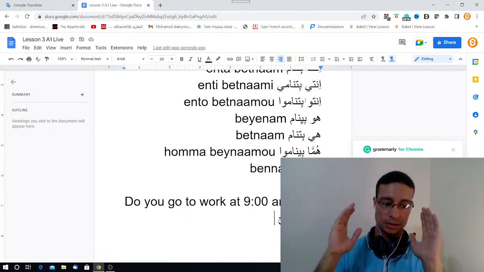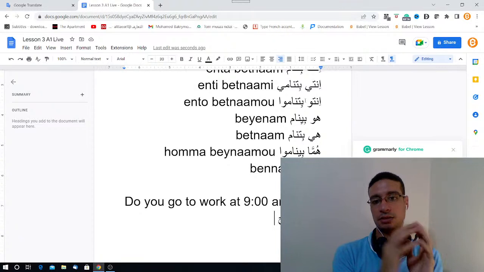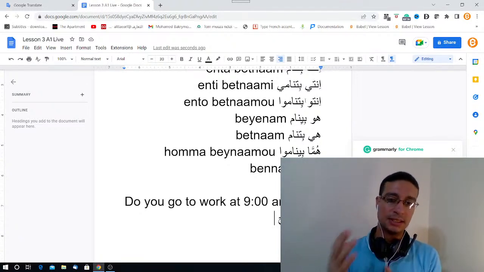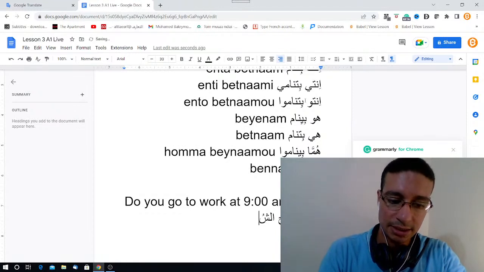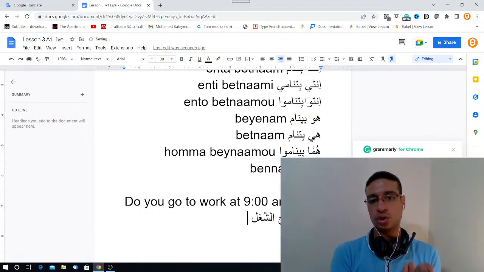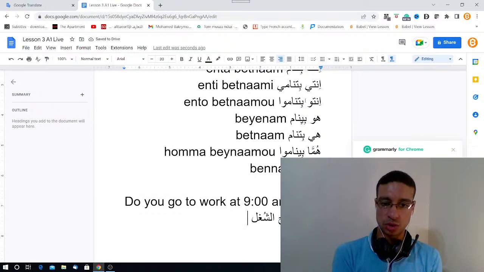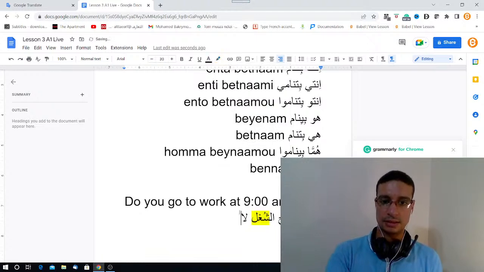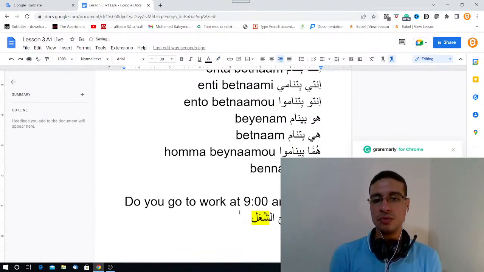You can put the place or the destination right after the verb to go. So انت بتروح الشغل. You go to work. شغل is work, and ال is the. انت بتروح الشغل.